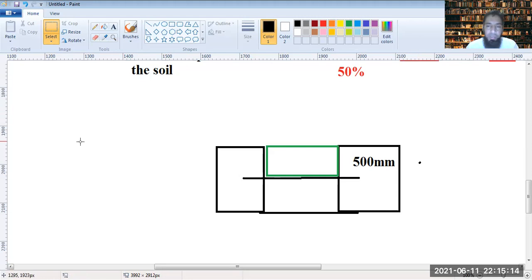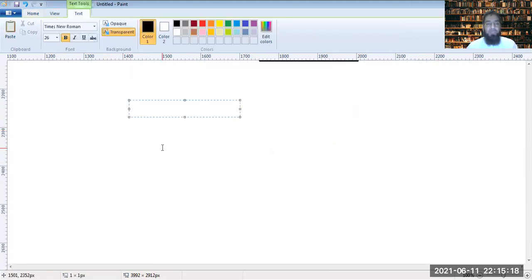So next, what we are going to study here is related to the isolated footing.